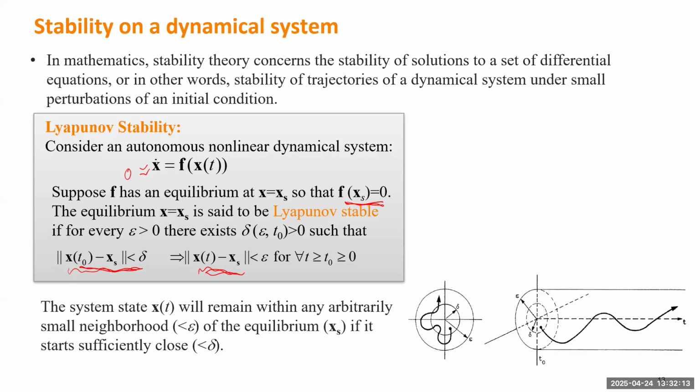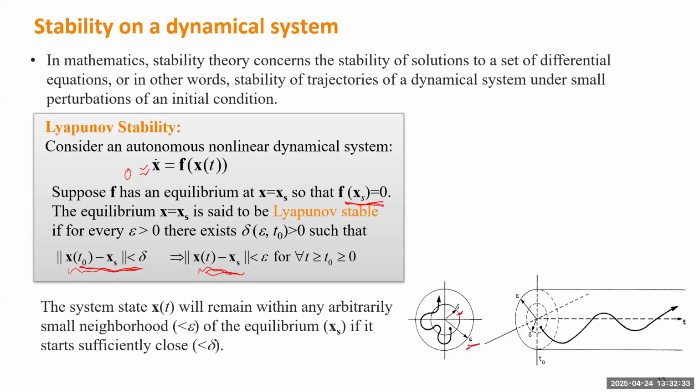If we visualize what happened, if I give this epsilon, in two dimensions I can draw this circle. I want the system to stay within this epsilon. And I can find another small number delta. Delta is smaller than epsilon, closer to the equilibrium.